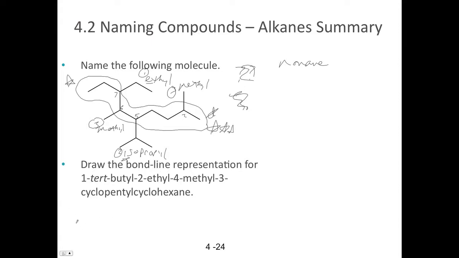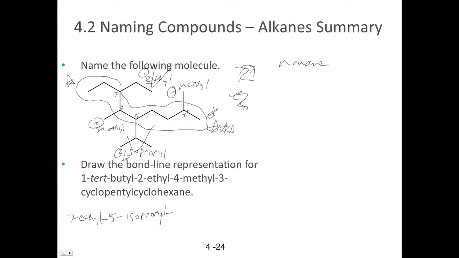So we start here with 7-ethyl, locant number first. Then we have 5-isopropyl.